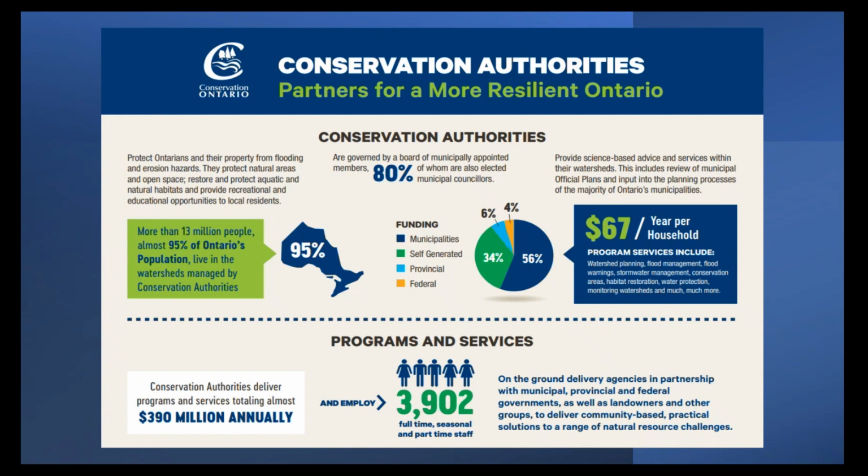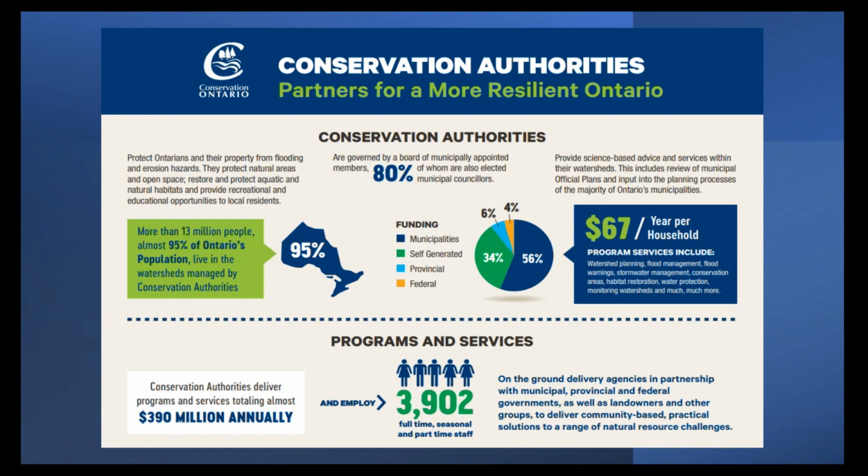We are governed by a board of municipally appointed members, 80% of whom are also elected municipal councillors. Where we as CAs gain our funding, 56% of that is from municipalities, 34% is self-generated, 6% is from the province, and an additional 4% is from the federal government.